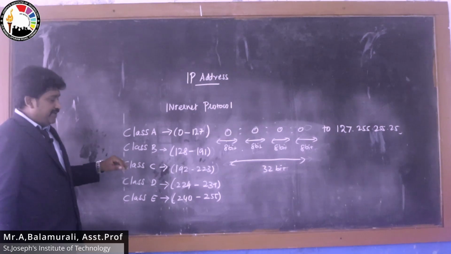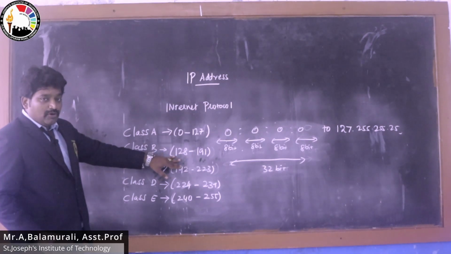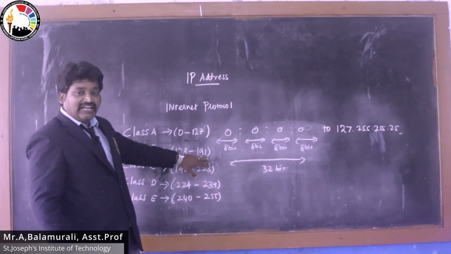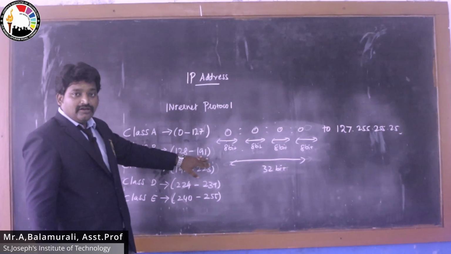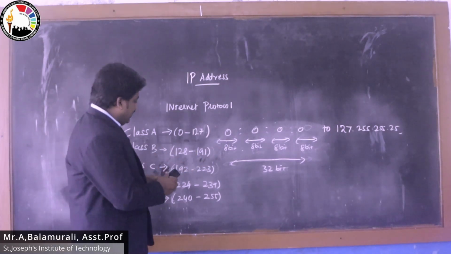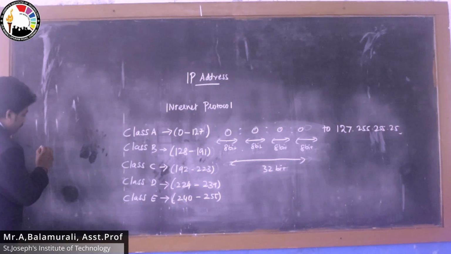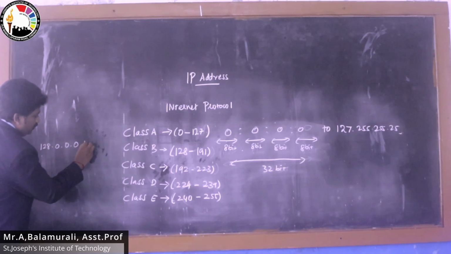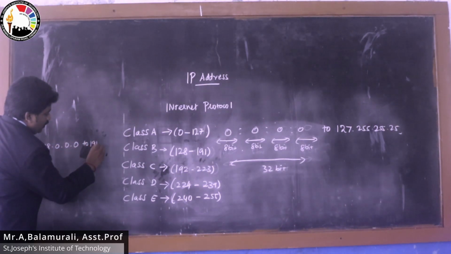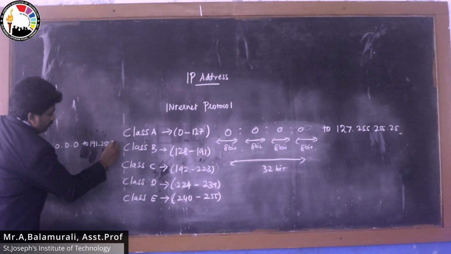Next is class B. What is its range? The overall range is 128 to 191. We follow the same format here: 128.0.0.0 to 191.255.255.255.